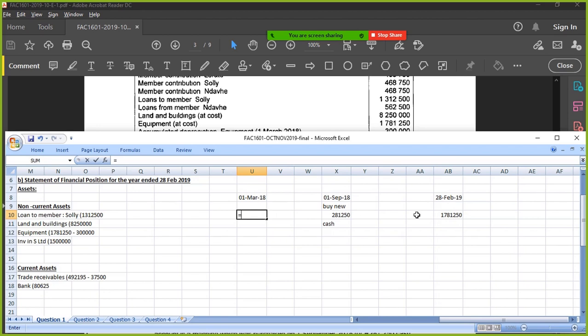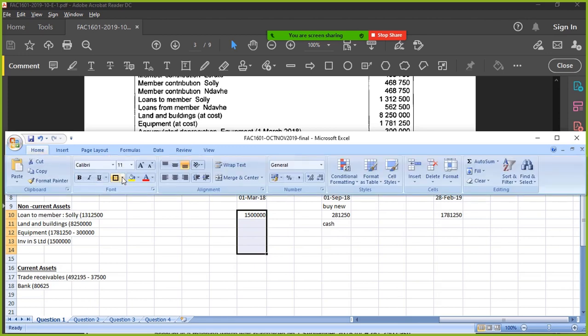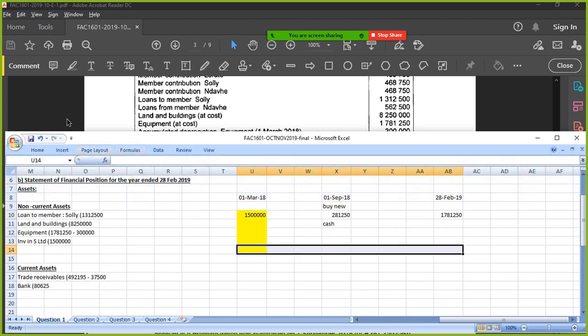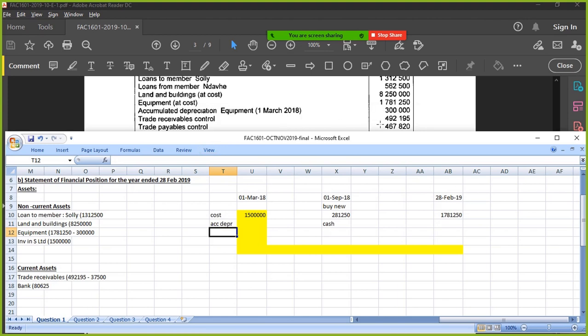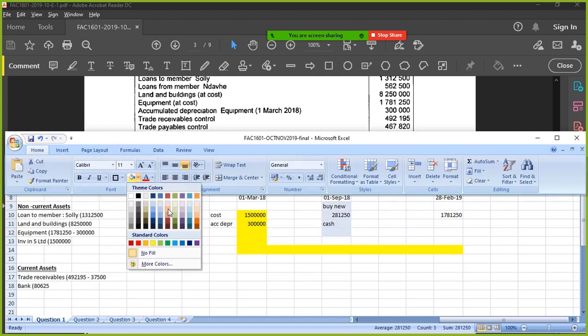So the beginning would have been 1.5 million. So in terms of depreciation, okay, the accumulated depreciation was on the 1st of March. So 300,000 here. Okay, and then you've got that asset that you bought during the year.